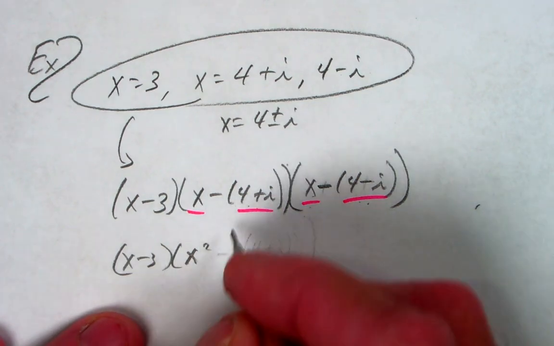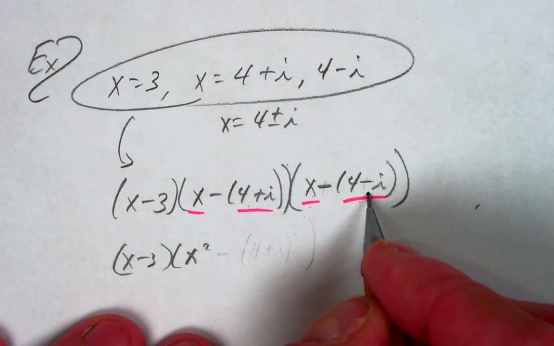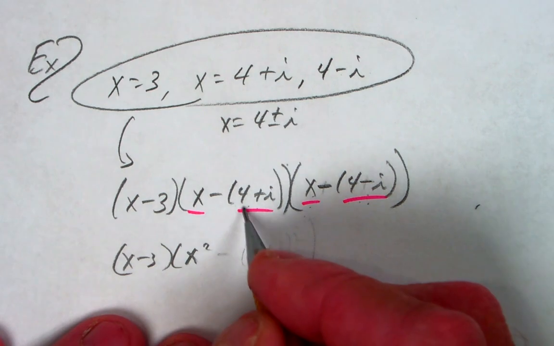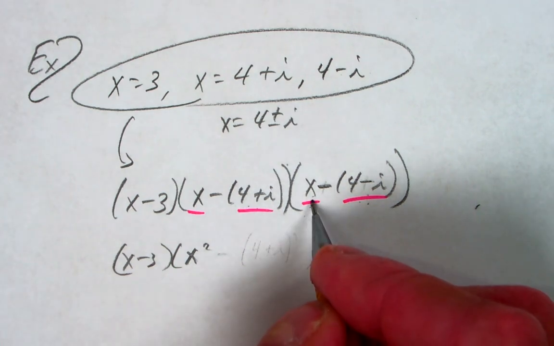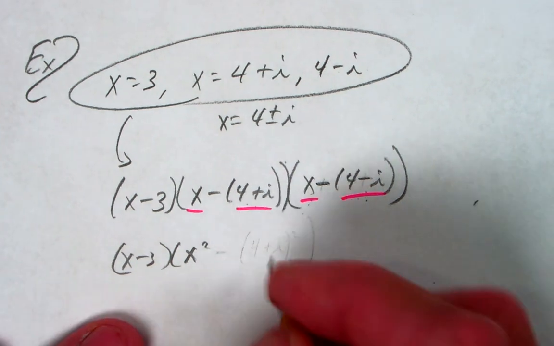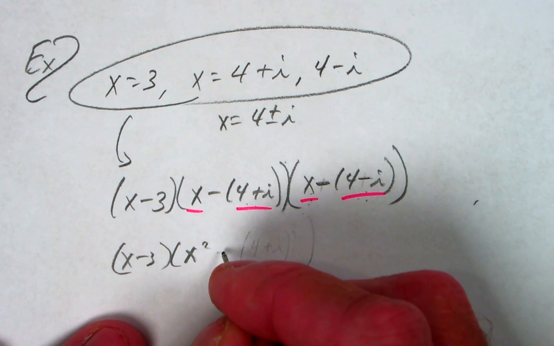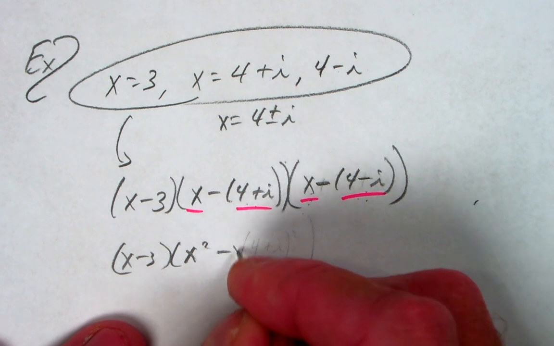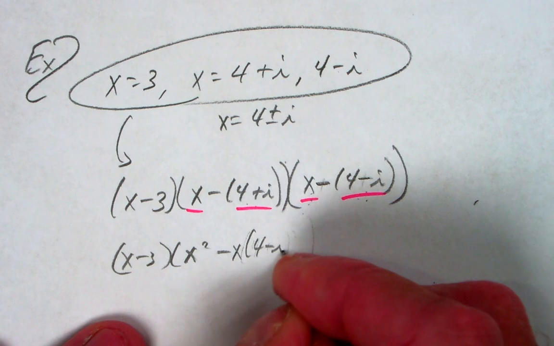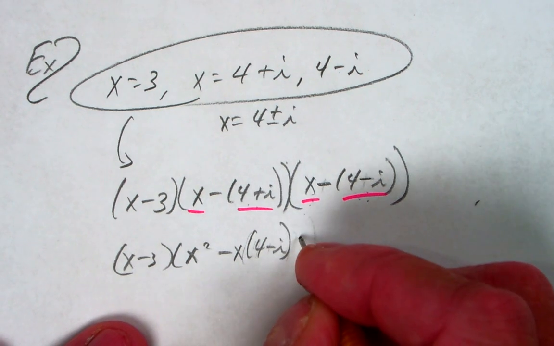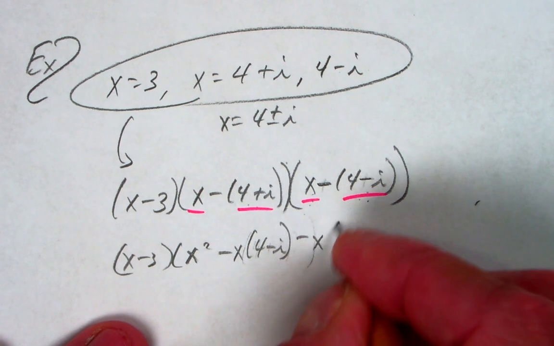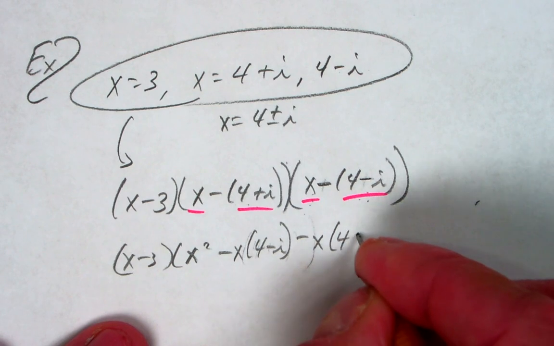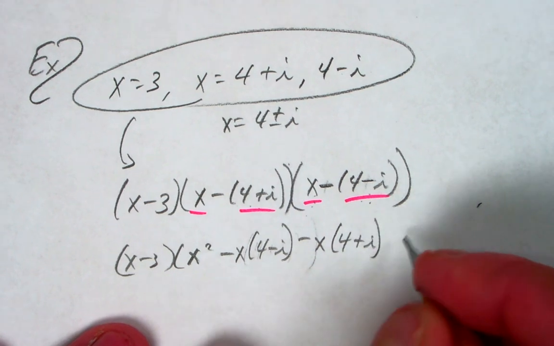X squared minus x times that minus x times this. But those are different things, so I can't do them at once here. So minus x times 4 minus i, minus x times, this kind of stinks, 4 plus i. That's why I worked to find another way.